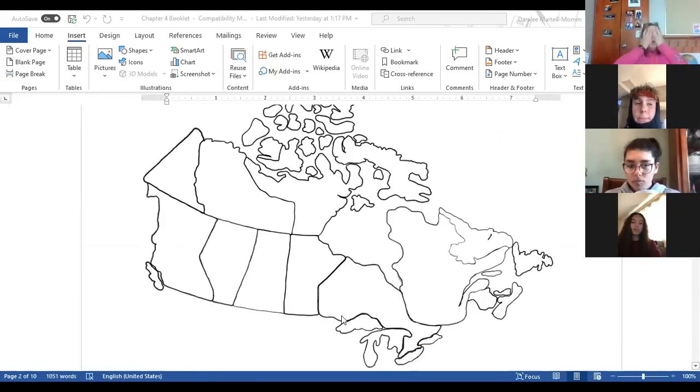This deals with the historical treaties between Canada and the First Nations. On page 124 in your booklet, there is a map of the treaties. You're going to draw the treaties on the map and color them, and then complete this chart.